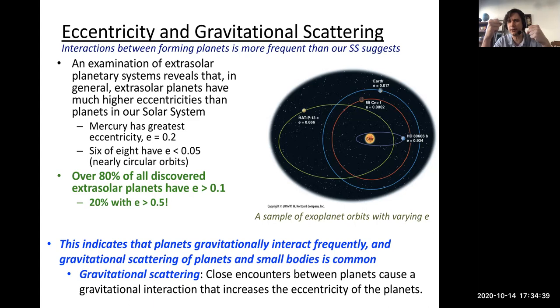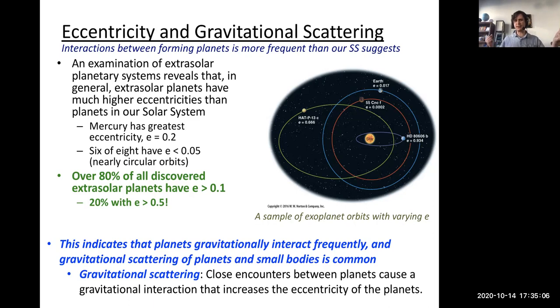And the net result is whenever they gravitationally interact, they'll slightly change their orbits. The lower mass one will have its orbit change more than the higher mass one because of inertia, but they'll both end up with changed orbits with a net increase in their eccentricity. We call it pumping up their eccentricities through these gravitational interactions.